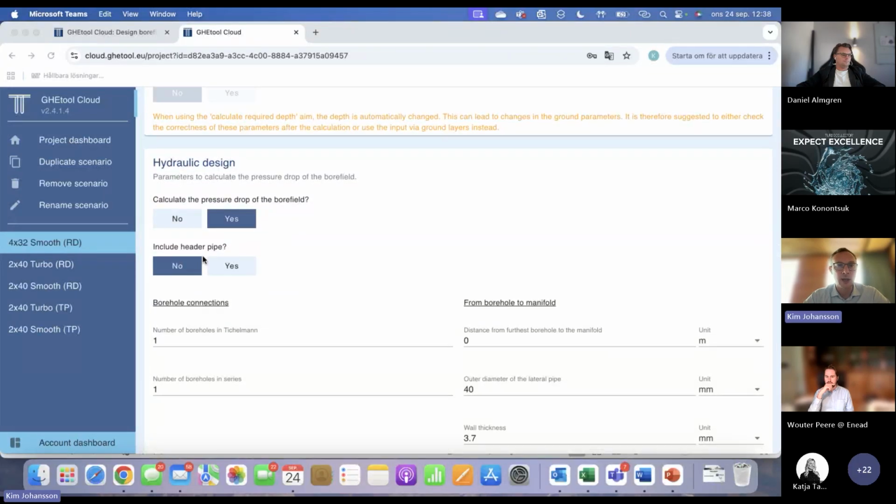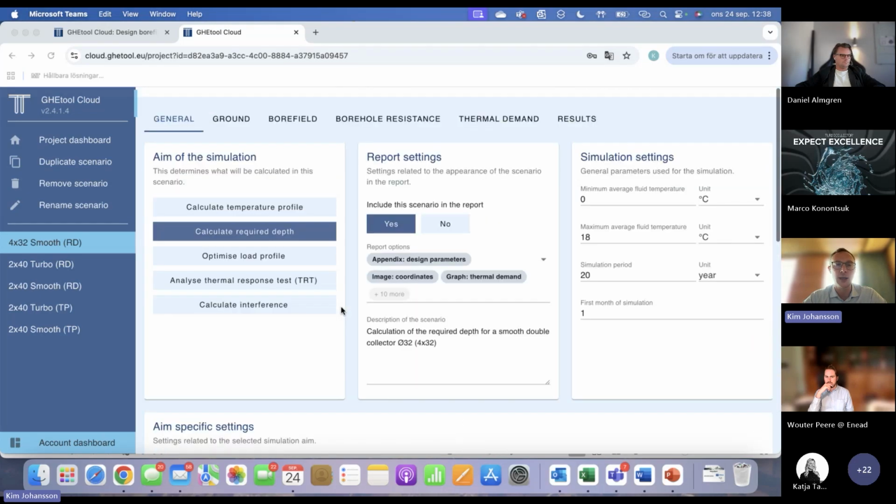We also have the option to include the hydraulic design and to have a result of the pressure drop. And this we have clicked yes, but we have not chosen to include any header pipe. And the reason for that is if we were to do a real simulation for a real project, I would have included this. But in these examples that we would like to show, it doesn't bring any value.